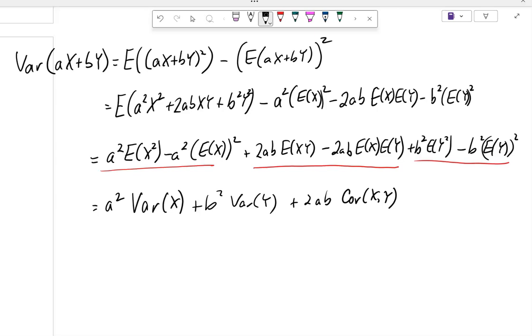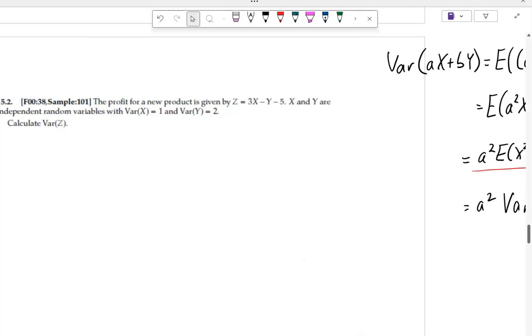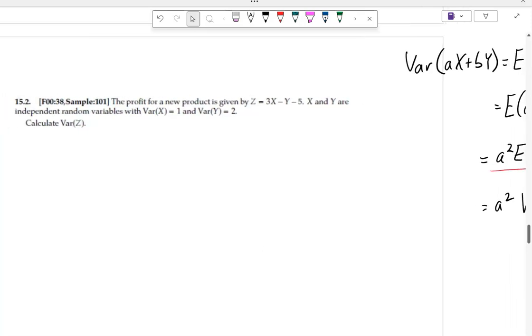All right. So going back to the original problem, and I'm still ignoring independence, by the way. What does that minus 5 on the end do for the variance? What kind of a thing does a plus or a minus do to a distribution? It just shifts it. Does that change the variance at all? No, so I don't need to worry about that for variance at all.